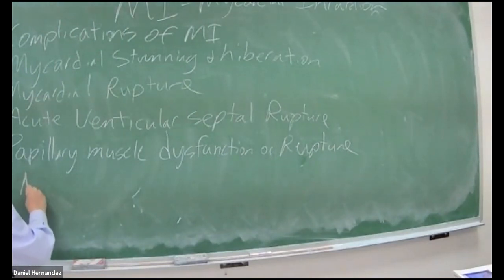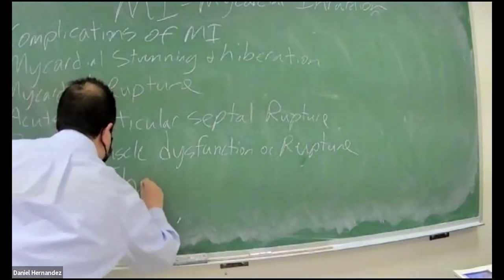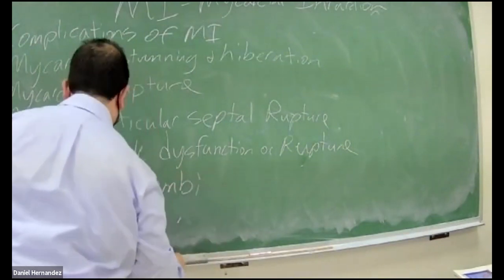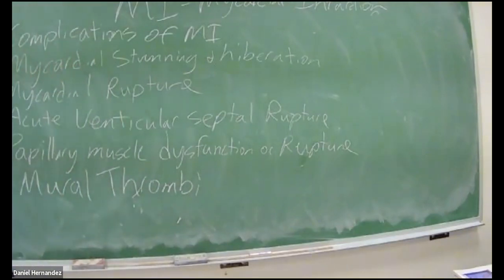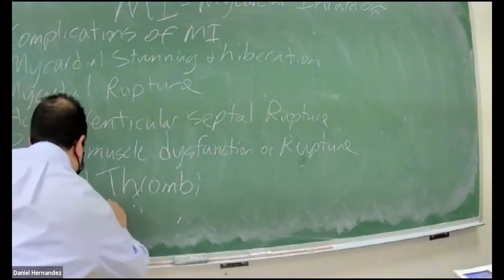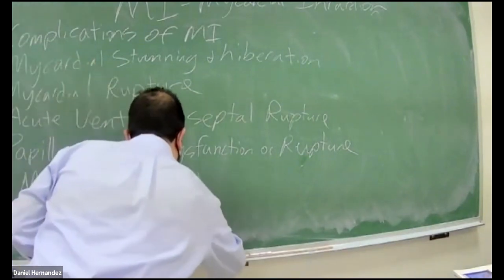We can have the development of mural thrombi, so development of clots within the chambers. We can have mitral regurgitation from ischemia.